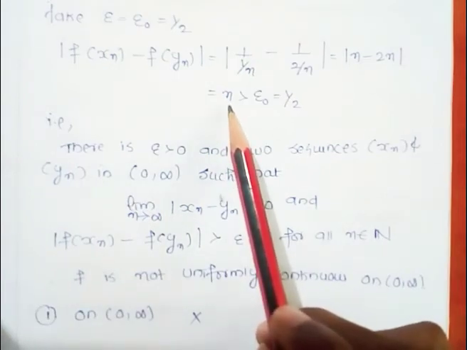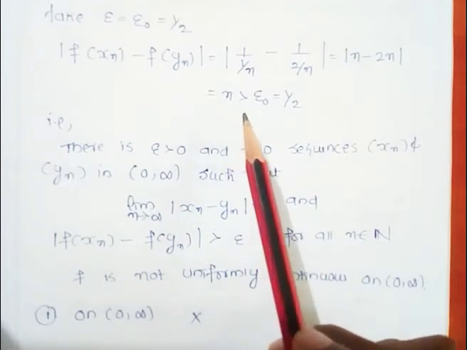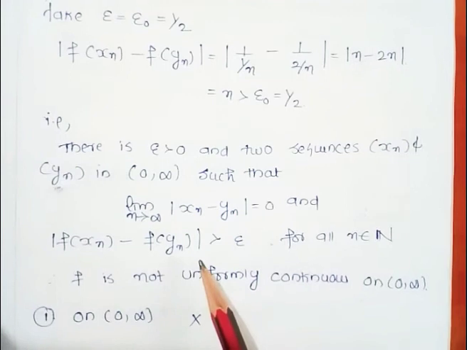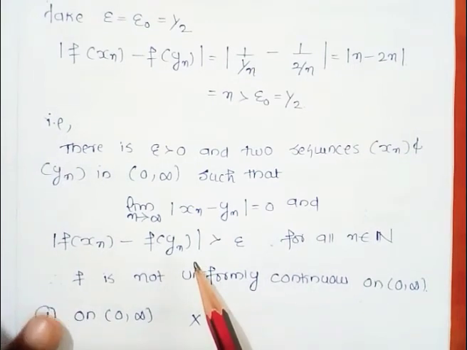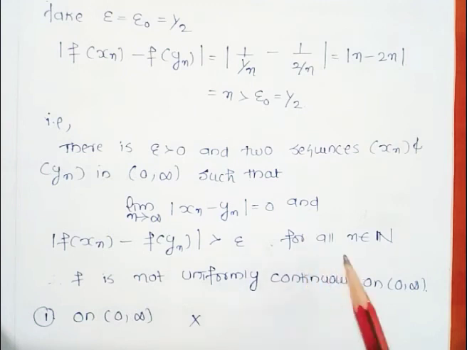As n tends to infinity it approaches infinity. Therefore |f(xn) − f(yn)| is greater than epsilon naught for all n belonging to N. Therefore f is not uniformly continuous on the open interval (0, ∞).